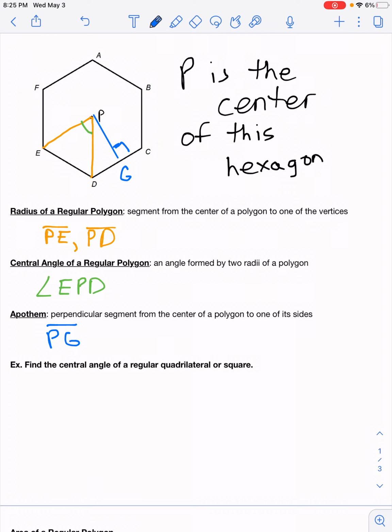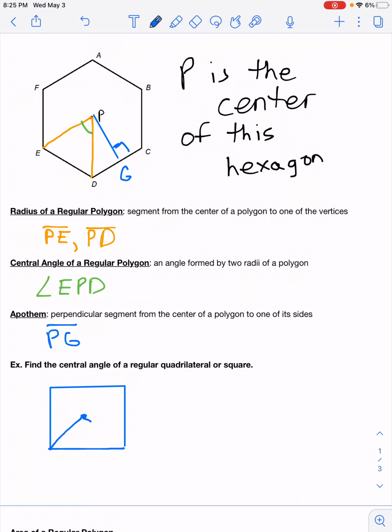So if we have a regular quadrilateral, or a square, because a square is just a regular quadrilateral, we could draw any 2 radii. We want that point there in the center.